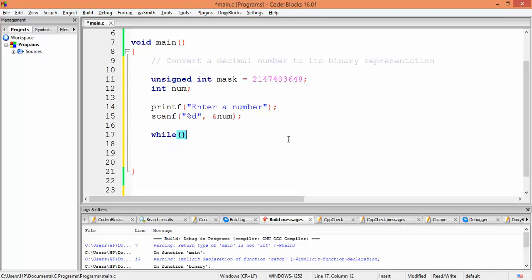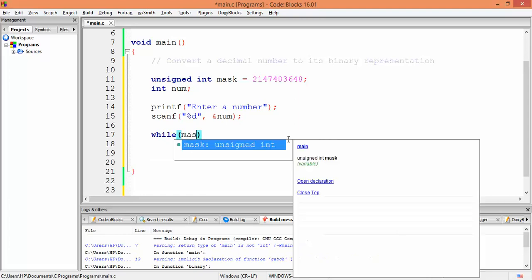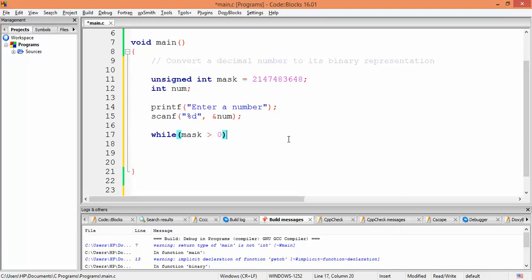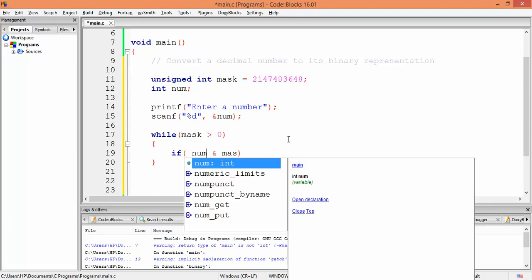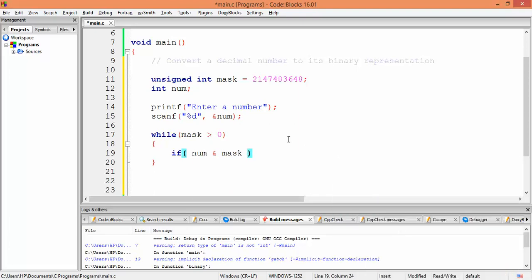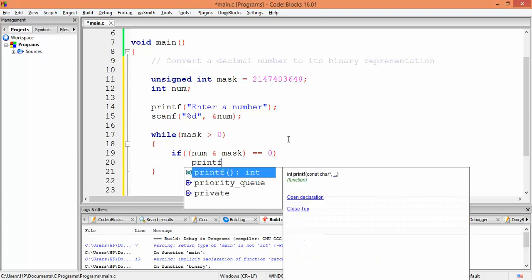So now let us implement it. While mask is greater than 0, we would keep on looping. Now at the beginning of the while loop, we have an if condition where we are using binary AND operation between the number, here the variable is called num, and mask. If it returns a 0, then we are going to display 0 on the console.